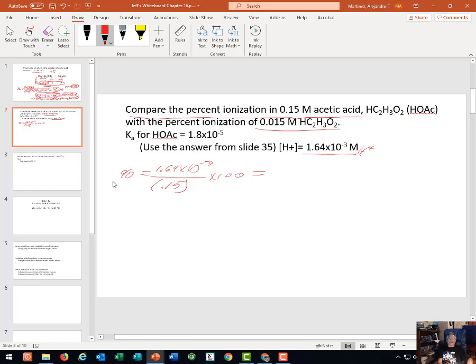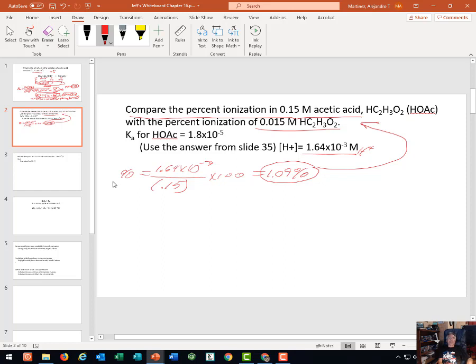And when I solve for that, I get 1.09%. Okay, so that's the percent ionization for the first problem in calculating the pH of a weak acid. That was the percent ionization, well within the boundaries of being less than 5%.